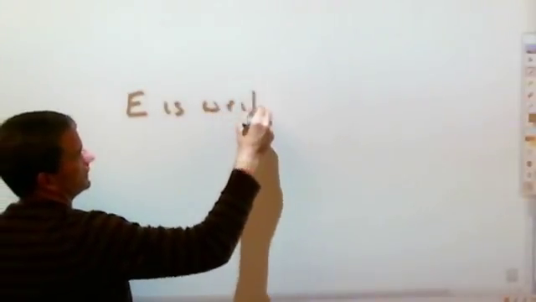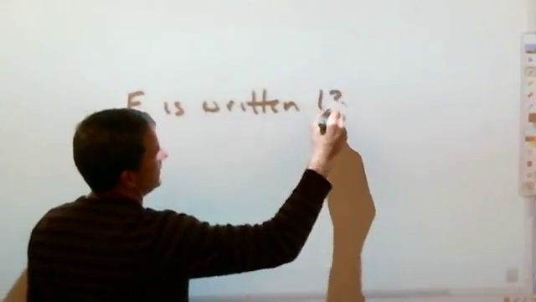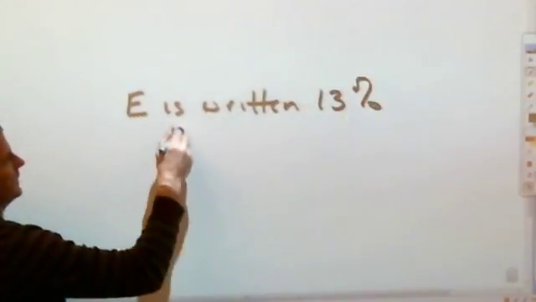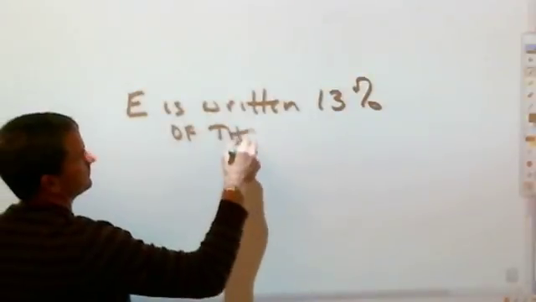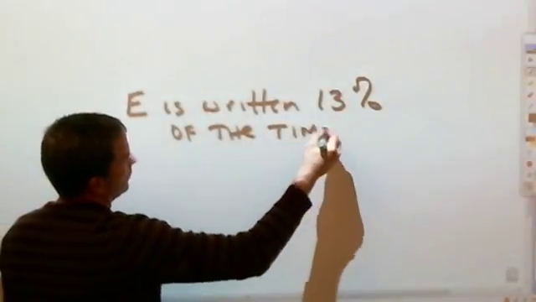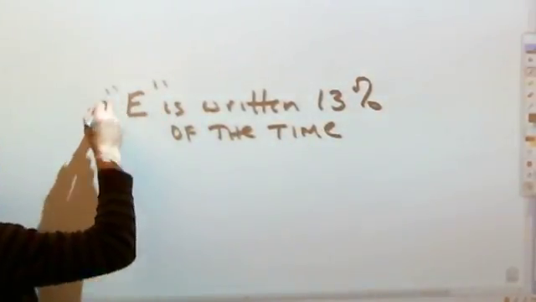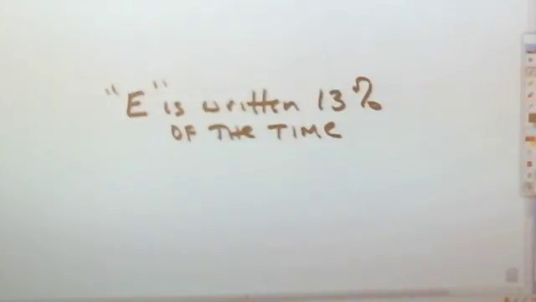The frequency of the letter E written in English is 13%. E is written 13% of the time, which, when you think that there are 26 letters in the alphabet, is a pretty high percentage.